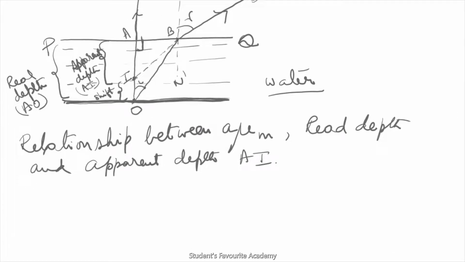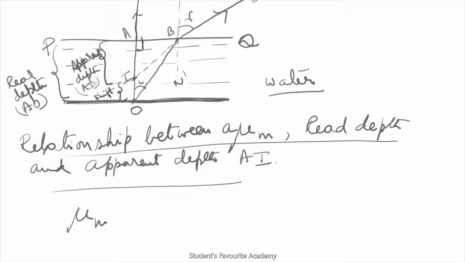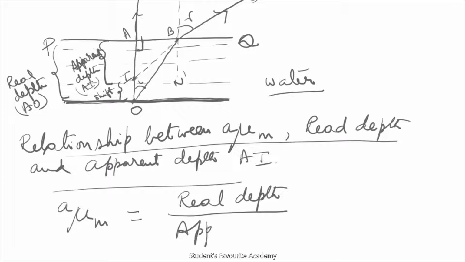So the relationship between these three is: mu of the medium, that is refractive index of the medium with respect to air, is equal to real depth upon apparent depth.